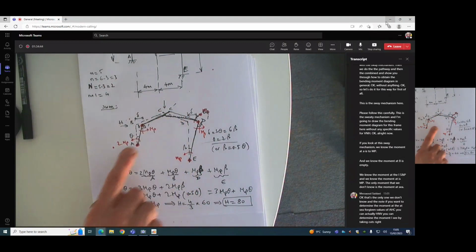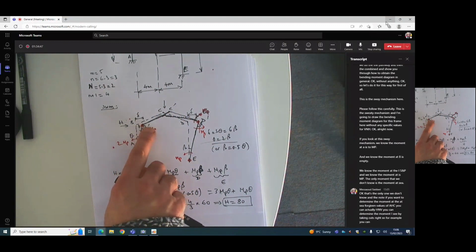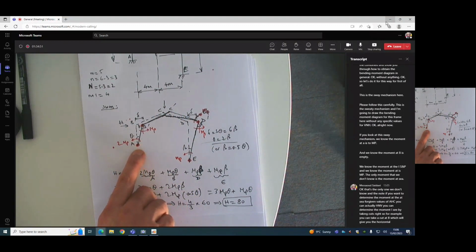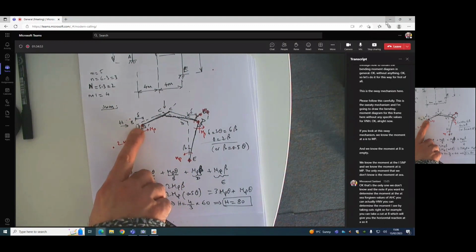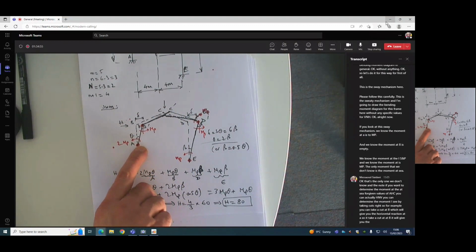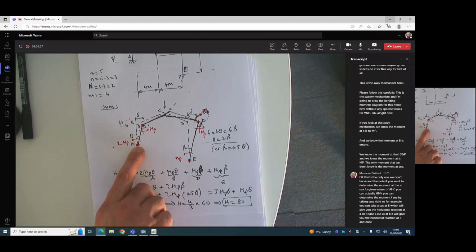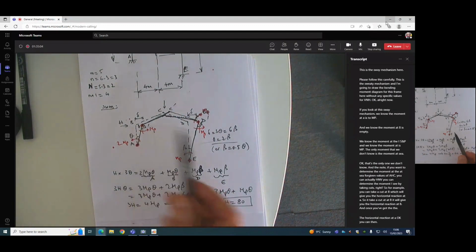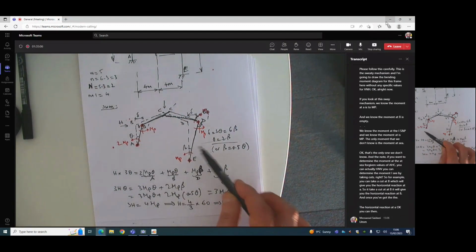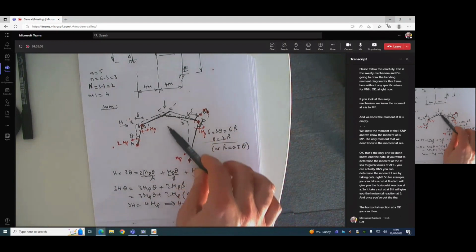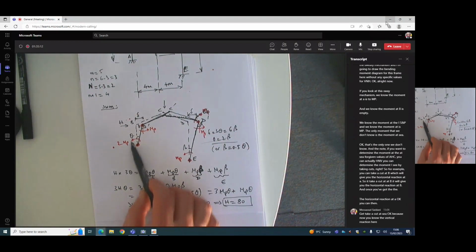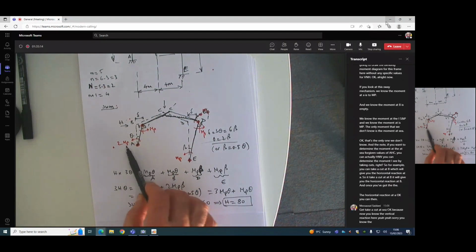For example, you can take a cut at B, which will give you the horizontal reaction at A. Once you've got that, you can take a cut at C, because now you know the horizontal reaction there.